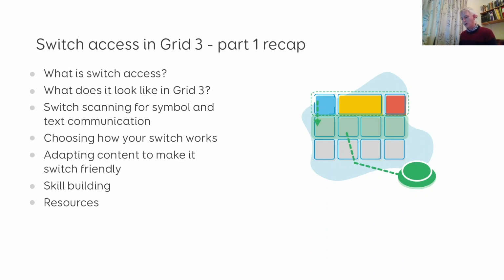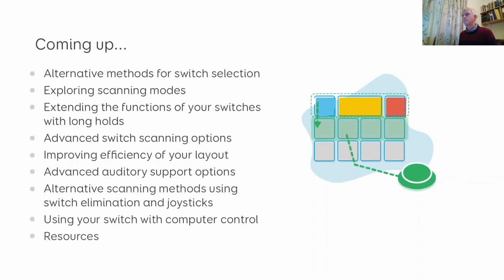Today, what we're going to look at, let's just bring up some of what we're going to cover today. Okay, so in today's webinar, we're going to have a look at some alternative methods for switch selection. So how your switch actually works when you press it. We'll explore some more scanning modes, how the pattern on the screen is displayed.